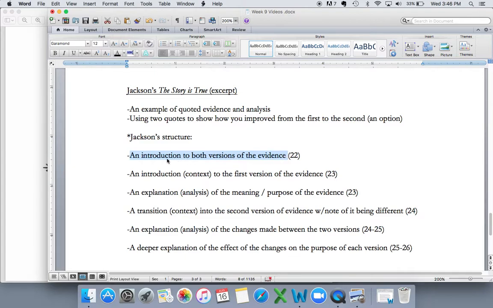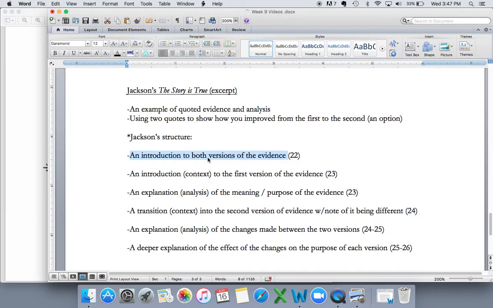Then, before the quotes start, he introduces that he's going to talk about two versions of the evidence, a story he's told and a story that Peter Fonda has told. This is context, giving me, your reader, some context to understand the quote that's going to come.